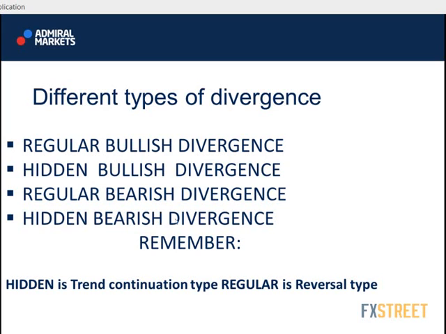And an addendum to these different types of divergence is exaggerated divergence, which I will show you during this webinar. So we have standard, regular, and hidden divergence, and one more type, so-called reverse or exaggerated divergence. Hidden is trend continuation, regular is reversal type.